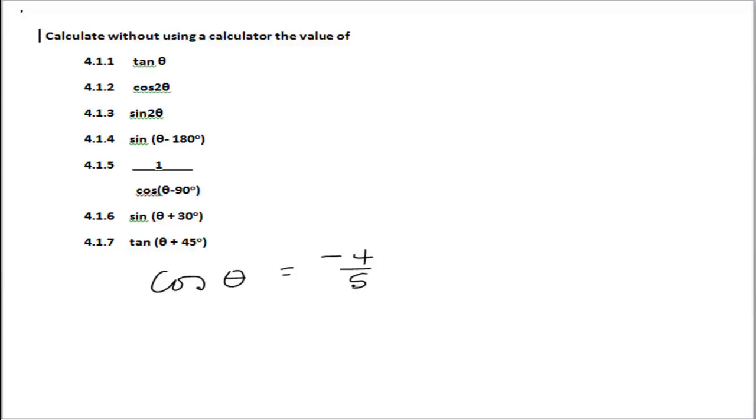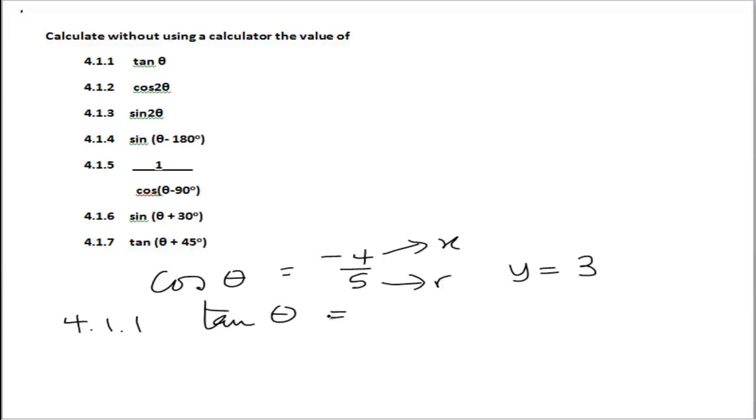It can't be in the first, it has to be in the second quadrant. And then we know that this is x over r, and y in the second quadrant is positive 3. So 4.1.1, tan of theta is y over x, and keep in mind the x value is minus 4, so it's minus 3 over 4.